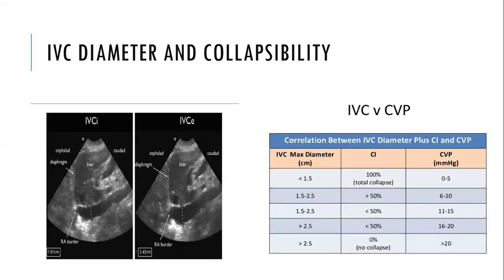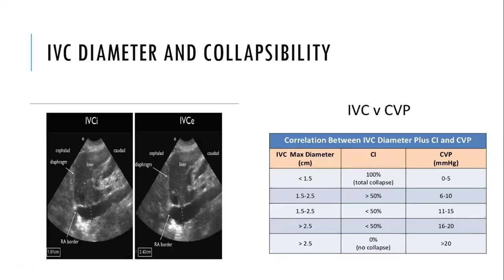All right, on the left side is an ultrasound image of your IVC. And don't forget that there are two luminal structures intra-abdominally, the aorta and your inferior vena cava. But to identify your IVC, note that it's very closely related to the liver, and you want to look for the hepatic vein that empties into the inferior vena cava.